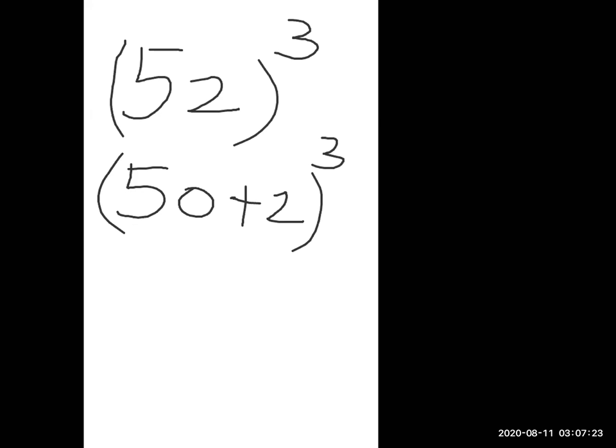See students, 5.3 is one another same as 5.2 because there is only a sign change. Our previous formula was a plus b the whole cube. Now our next formula is a minus b the whole cube. Now I will show you.